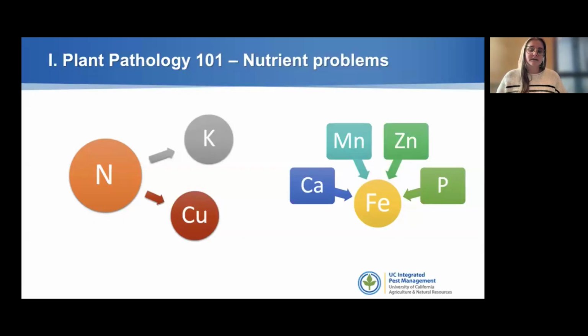And on the right is a diagram showing that if you have too much calcium, manganese, zinc, or phosphorus, that could inhibit the plant's ability to get iron. So a lot of times you might have a visible deficiency that could be caused by a number of different reasons. You might have an adequate amount in the soil, but perhaps there's too much of another nutrient or your pH is off.